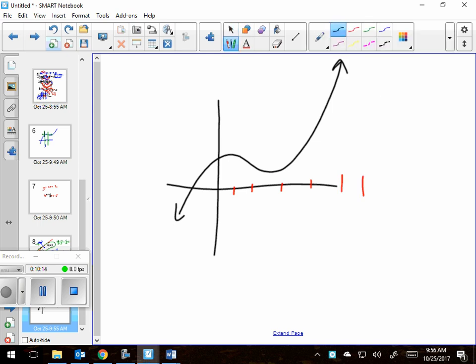Would you agree that between 0, which is right here, between 0 and 1, you would have a positive slope? Because it'd be going from here to here. And if I draw a line through that, you can see it's got a positive slope.